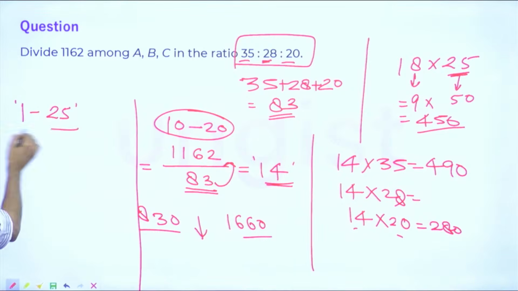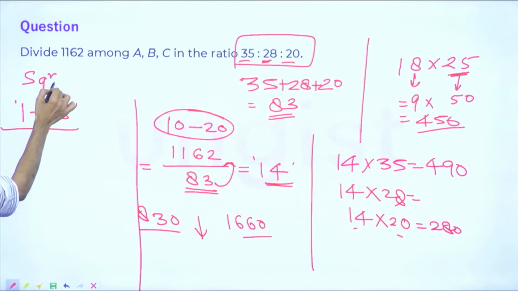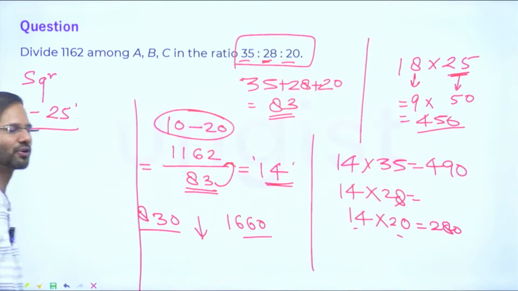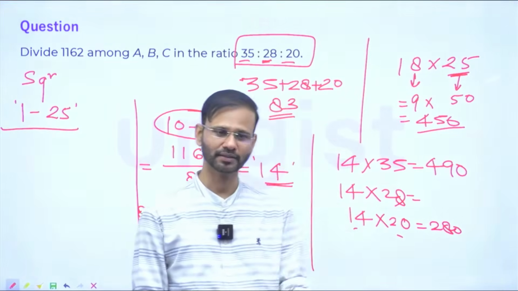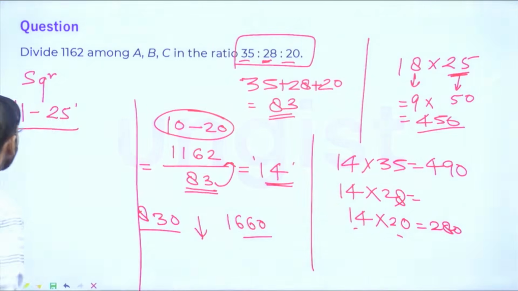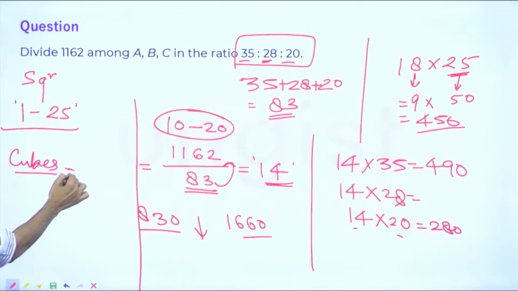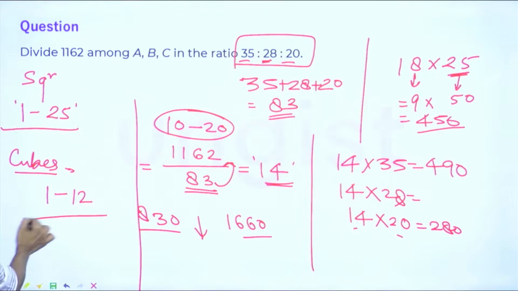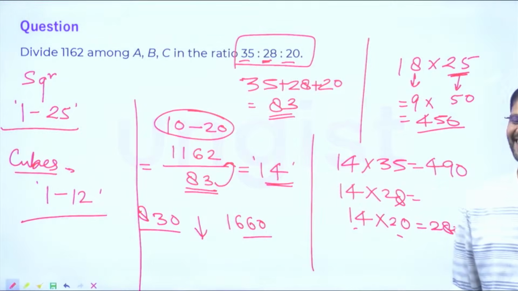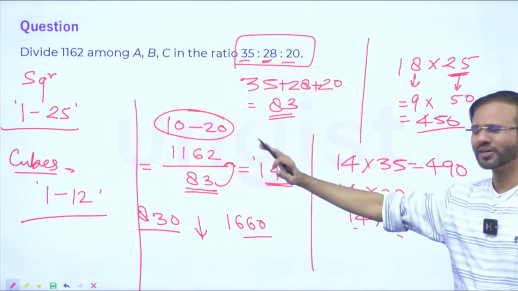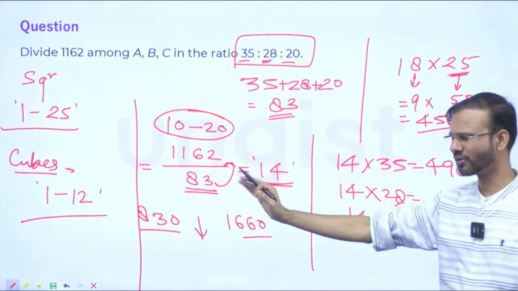Right? Please learn these by heart. Squares from 1 to 25, everyone should know this. Right? Squares from 1 to 25 and cubes, let's say 1 to 12. Okay? Guys, please keep your phone in silent mode. So, squares from 1 to 25 and cubes from 1 to 12.